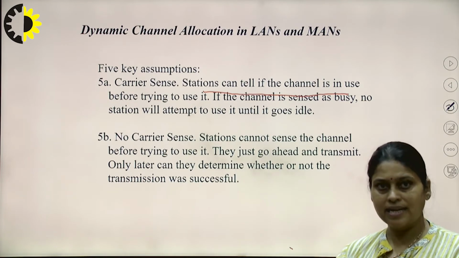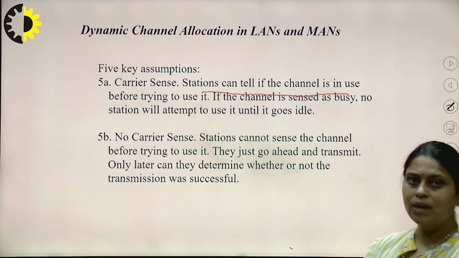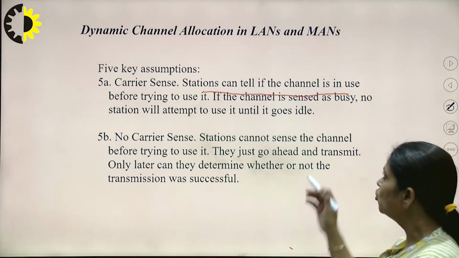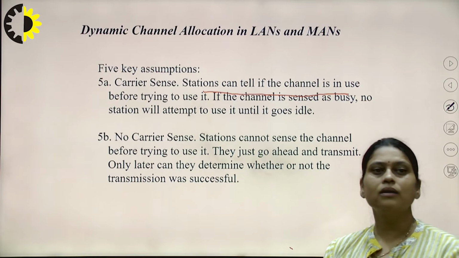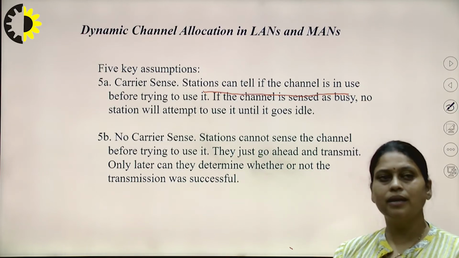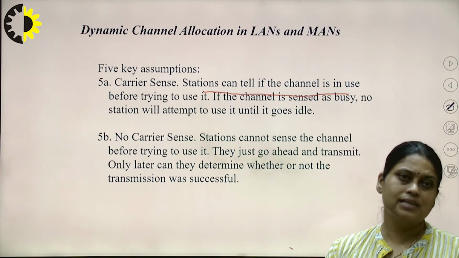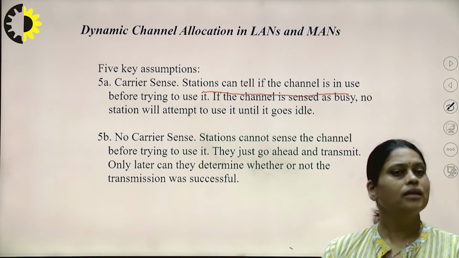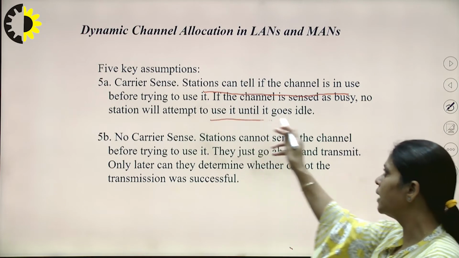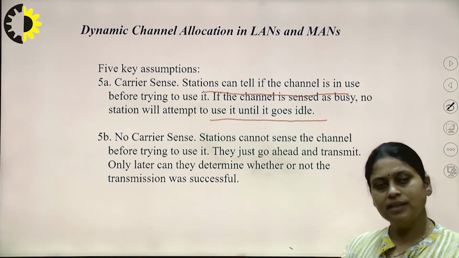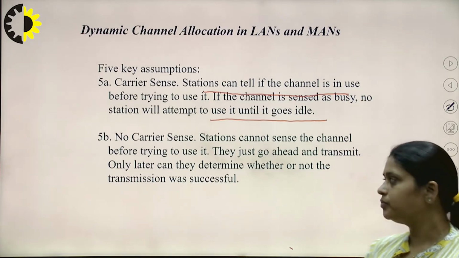If the channel is busy, no station can send the data at that moment, because if there is already some data in the channel and the sender sends data without sensing the channel, there may be a collision. So no station will attempt to use it until it goes idle. All these stations will wait until the channel is idle.